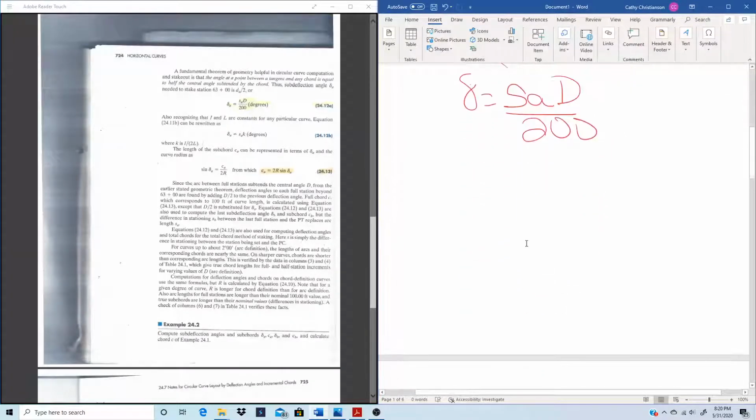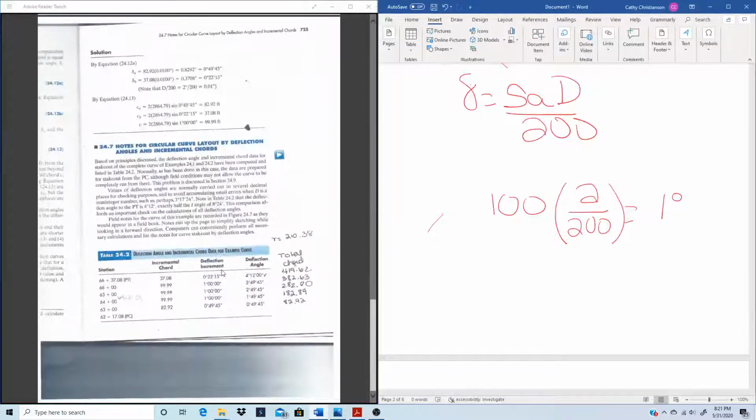Well, each of these is 100. So that would be 100 times 2 divided by 200, and you get 1 degree. So there's where the 1 degree comes into play. So just remember to look at your degree of curvature.